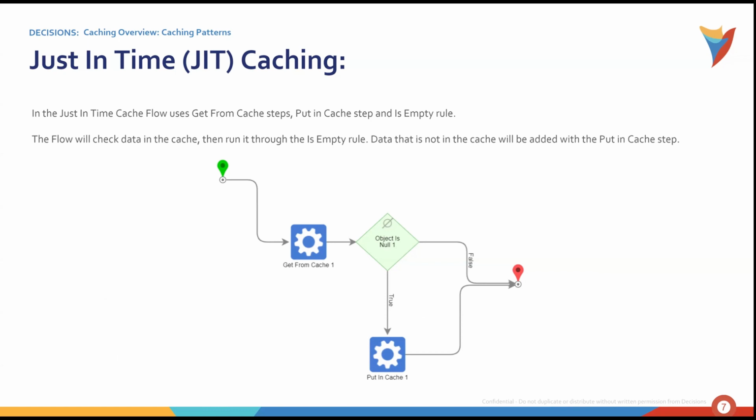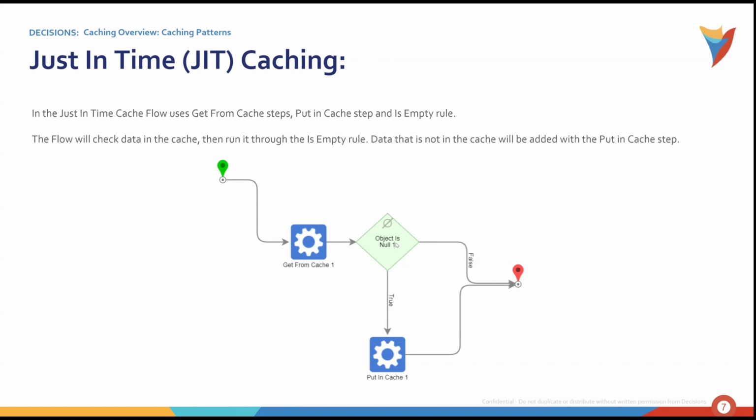Now let's see how just-in-time caching works. So in the just-in-time caching flow, here we have used a get from cache step, a put in cache step, and an is empty rule. So here what is happening: the flow will check the data in cache and then run through the is empty rule or is null rule.